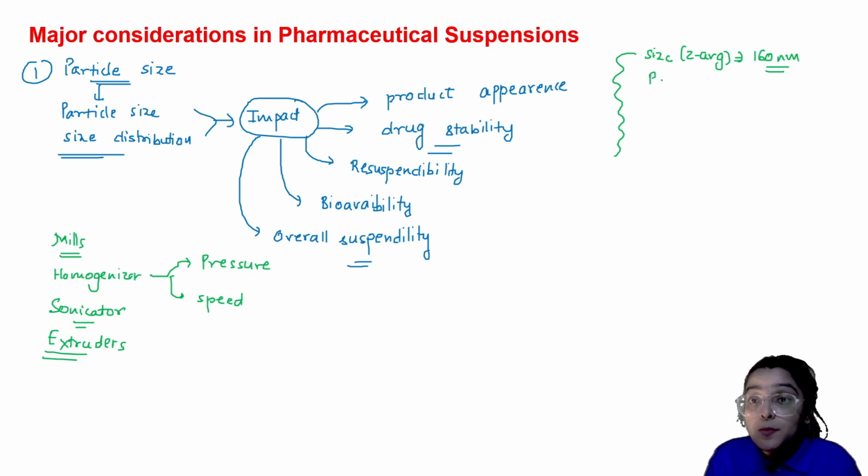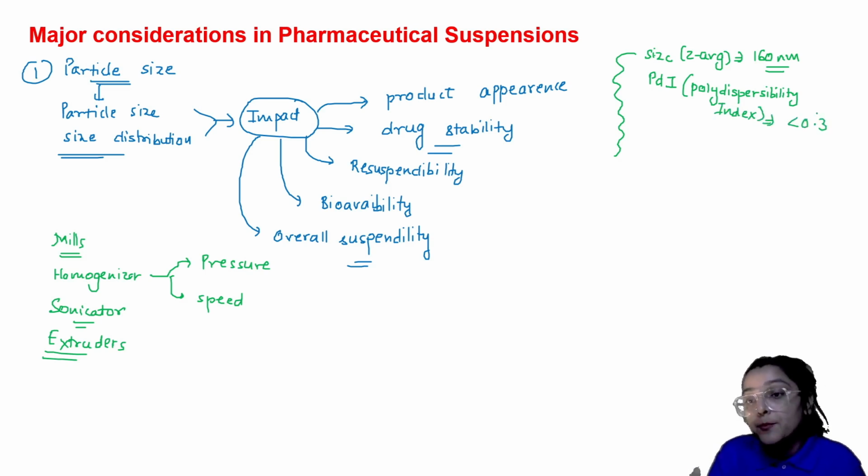Then the other is your PDI. This is not from your exam point of view, but because we are talking about these things, you should know this. There is one term called PDI, the polydispersity index. Okay students, you should know that this should be lower than 0.3.